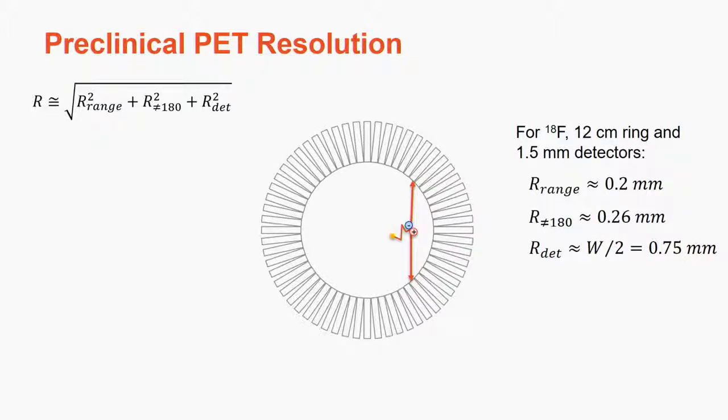The detector contribution is now about 3/4 of a millimetre, and the overall resolution is below 1 millimetre. So that's largely how the high spatial resolution of preclinical systems has been achieved. And again, in practice, we get something that's a little closer to just over 1 millimetre spatial resolution.